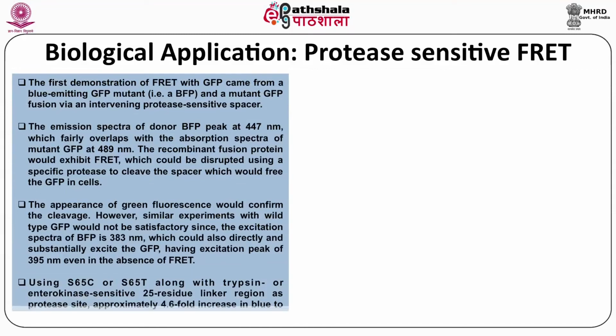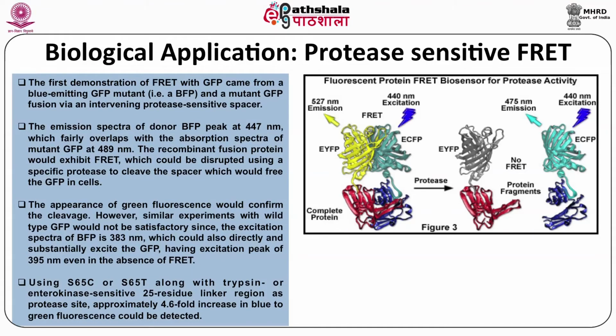You can see here that the first demonstration of FRET with green fluorescent protein came from a blue emitting green fluorescent mutant and a mutant GFP fused via an intervening protease sensitive spacer.